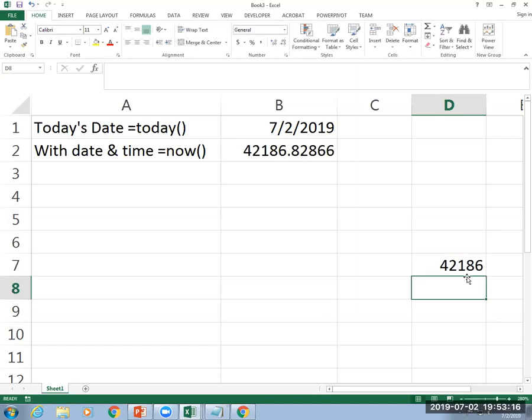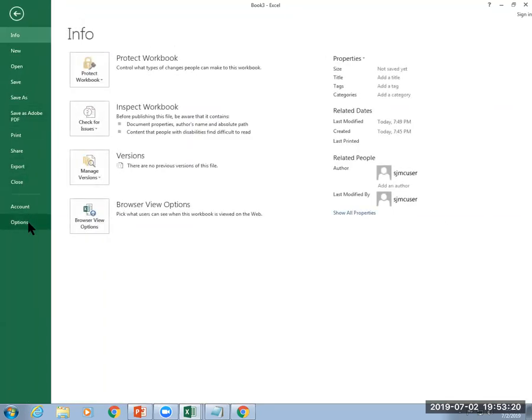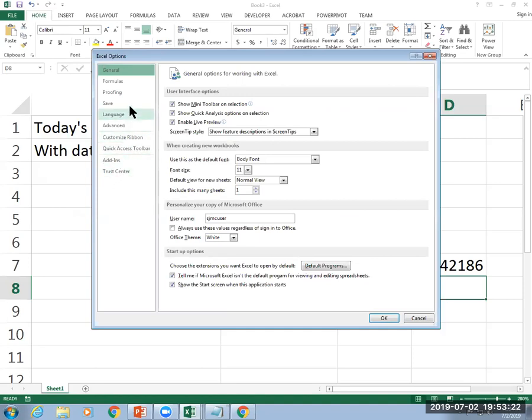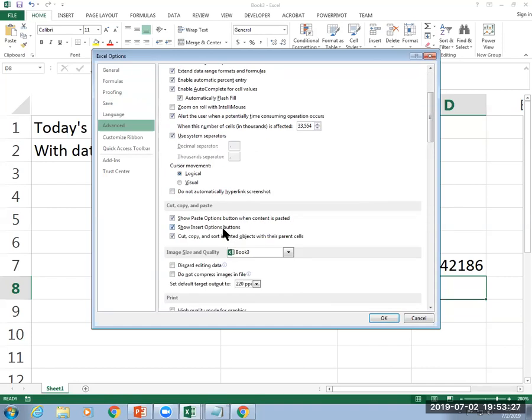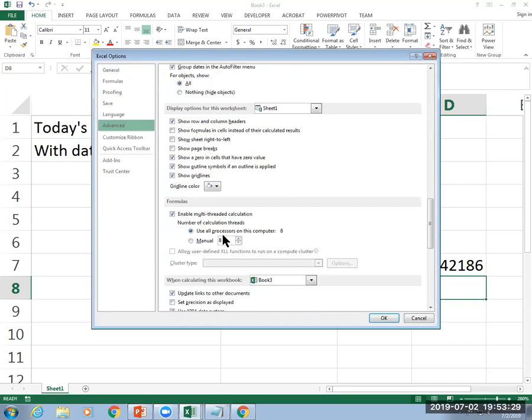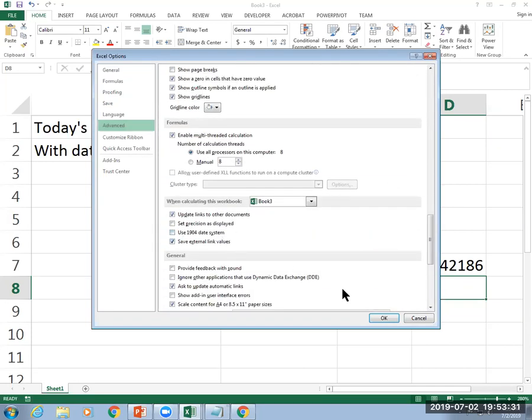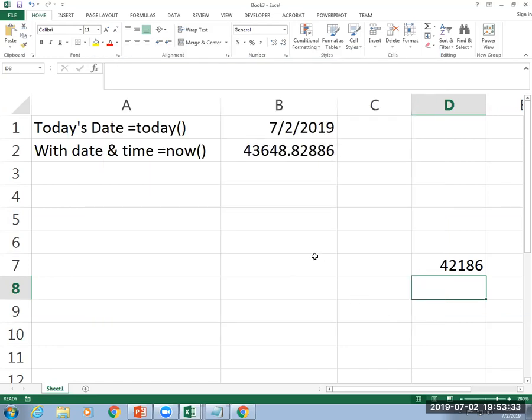186 is what it was, and then I'll go back and convert it back to the way that we do it in the modern way. I'll scroll down, use the 1904 date system, unchecked, click OK. So in the 1904 date system, today is 42,186.